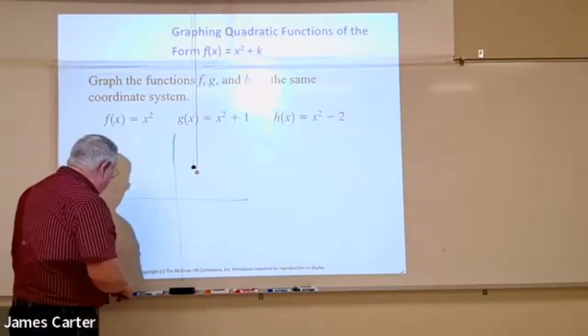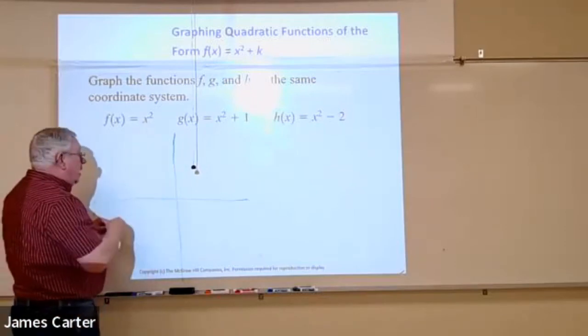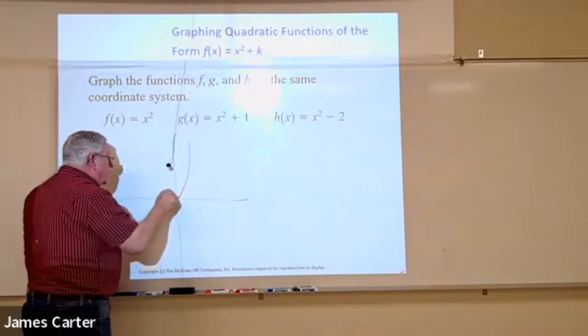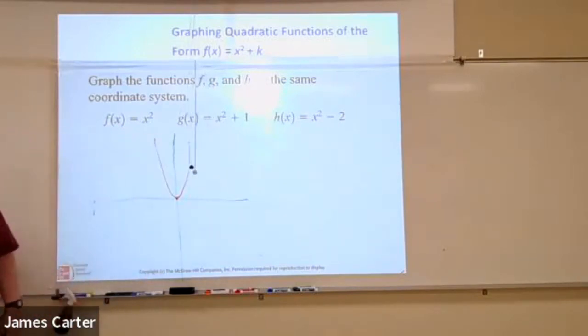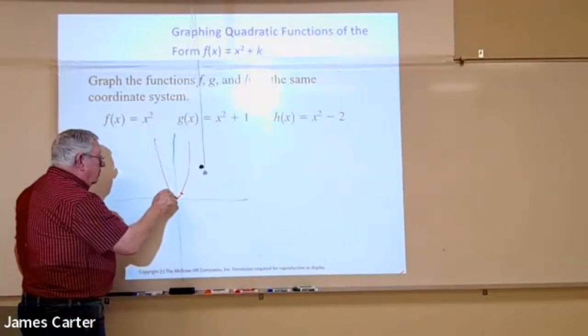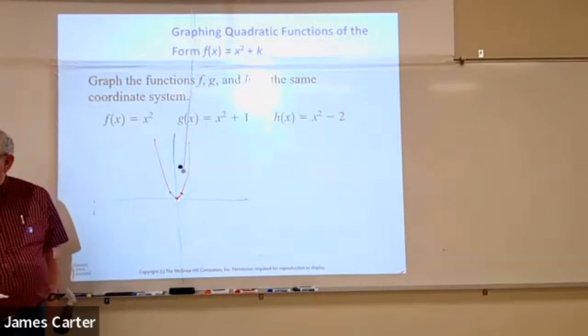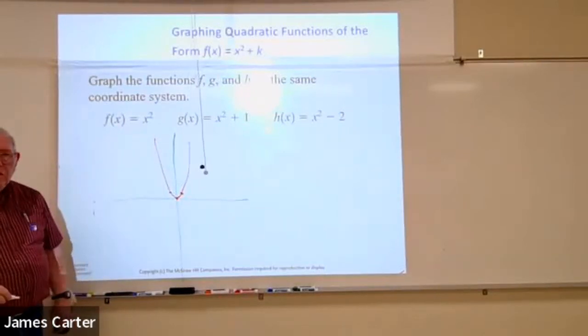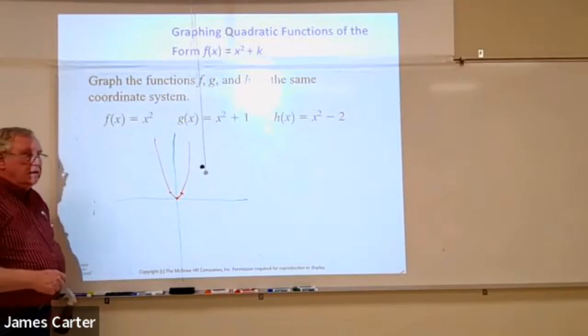Okay, well, this one's pretty easy, right? Starts here, goes up like that. This happens to be the point 1, 1 and negative 1, 1. Okay, if you made an XY table of that, you could get it or whatever.